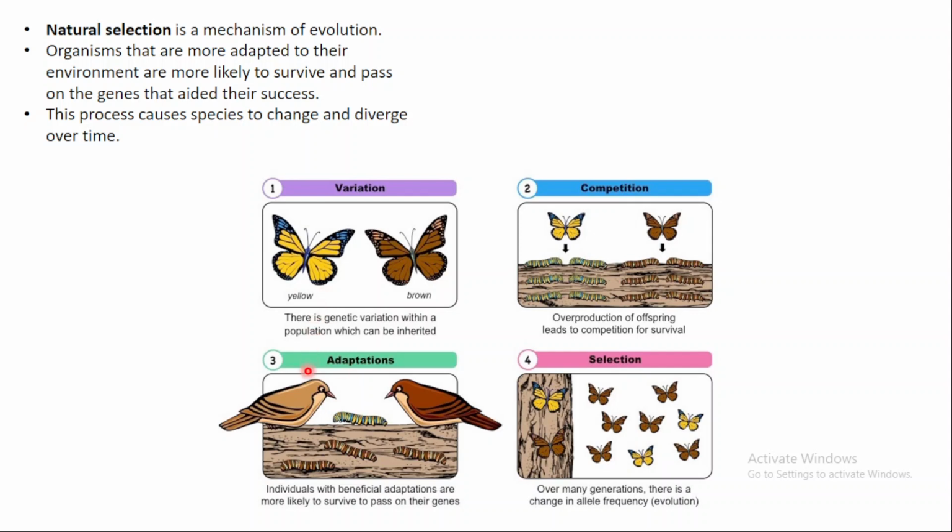Now what we see is more birds can recognize these colorful yellow caterpillars. That leads to more feeding of these caterpillars and higher survivability of the brown caterpillars. The birds somehow prefer the yellow caterpillars over the brown caterpillars. That's how the brown genetic variation is passed on to the next generation. And now we can see there is an increase in population of the brown variant.